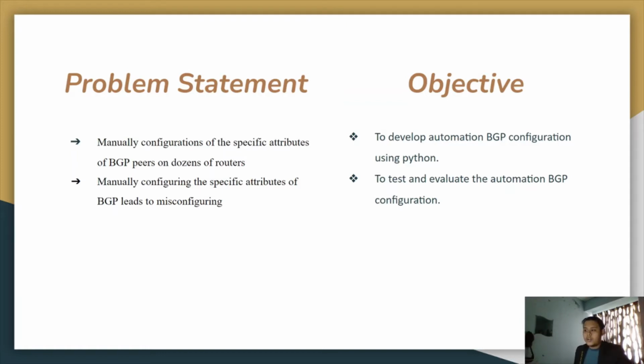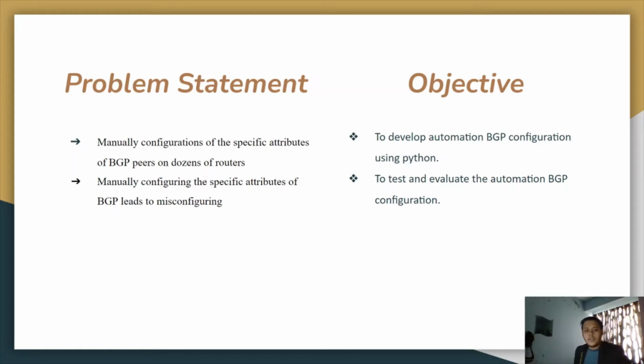According to Stewart in 2009, misconfiguration of BGP may result in suboptimal routing, which can increase latency and slow the performance of the routing process itself.